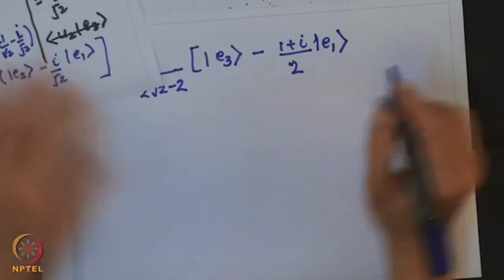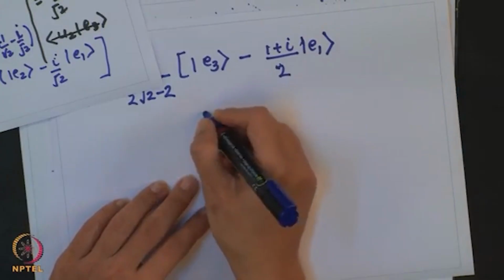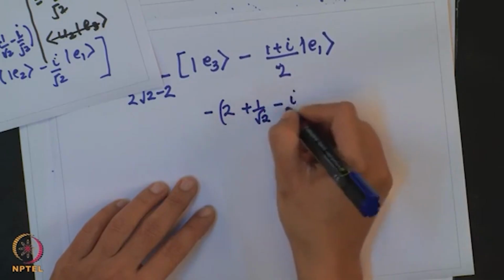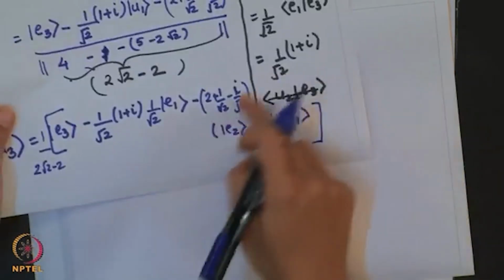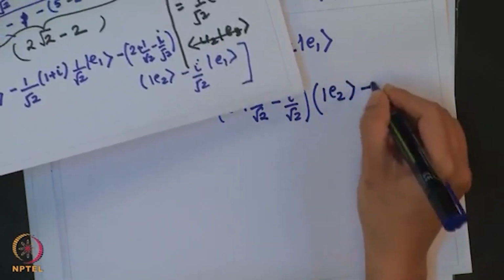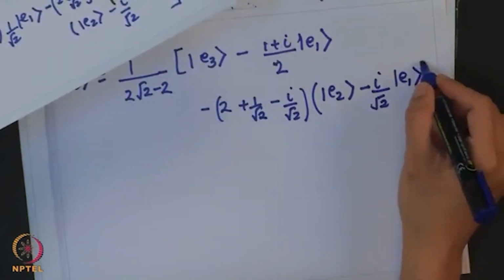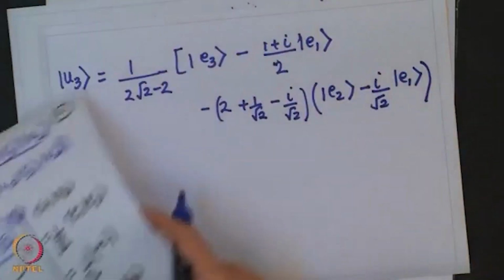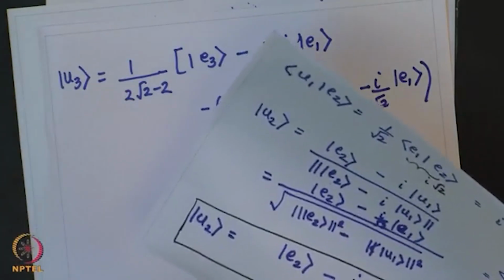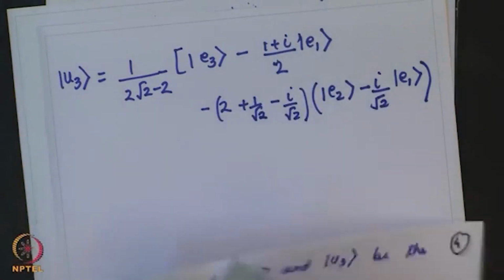So, the last term will be, I will write here minus 2 plus 1 by root 2 minus I by root 2, you can see this, okay, times E2 minus I by root 2 E1. So, these are the three orthonormal sets expressed in terms of the eigenkets E1, E2 and E3.